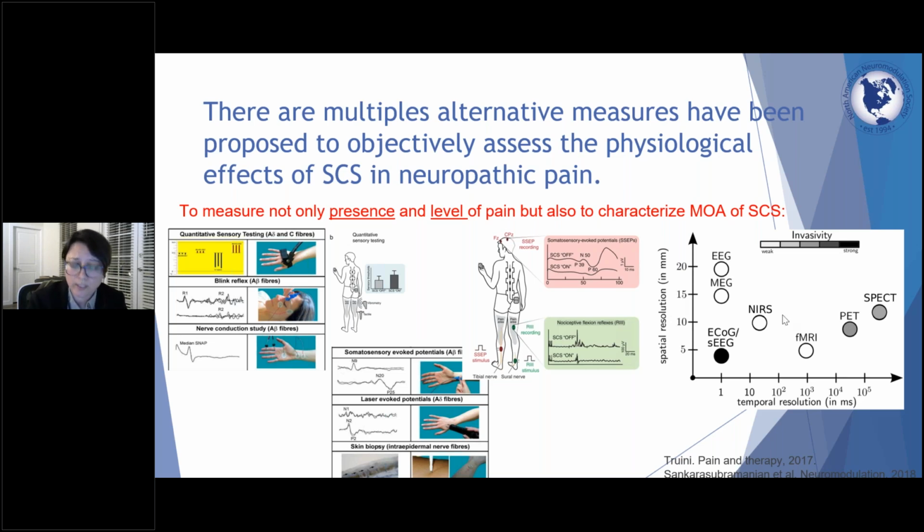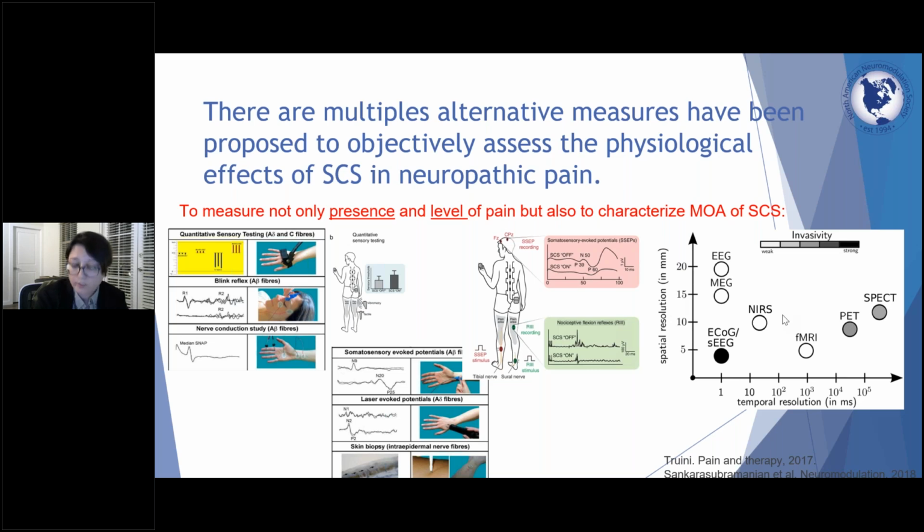The neuroimaging modalities include structural imaging such as magnetic resonance imaging, MRI, or diffusion tensor imaging, DTI, and functional imaging modalities including fMRI, functional near-infrared spectroscopy or fNIRS, electroencephalography, EEG, or magnetoencephalography, MEG.